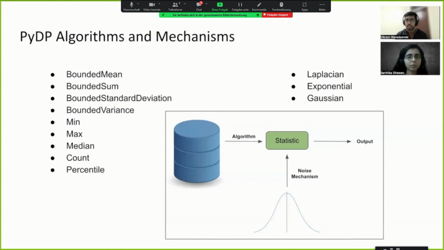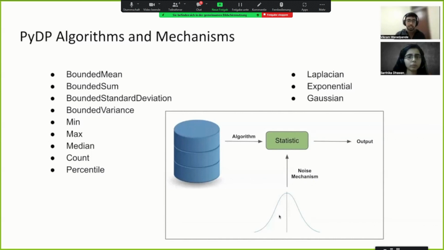So to explain this with the help of, say, the Gaussian mechanism, there is a database, and there's an algorithm. This algorithm tries to extract some particular statistic from the database. So this is where the list of algorithms we have is utilized. And then the second parameter is the noise mechanism.